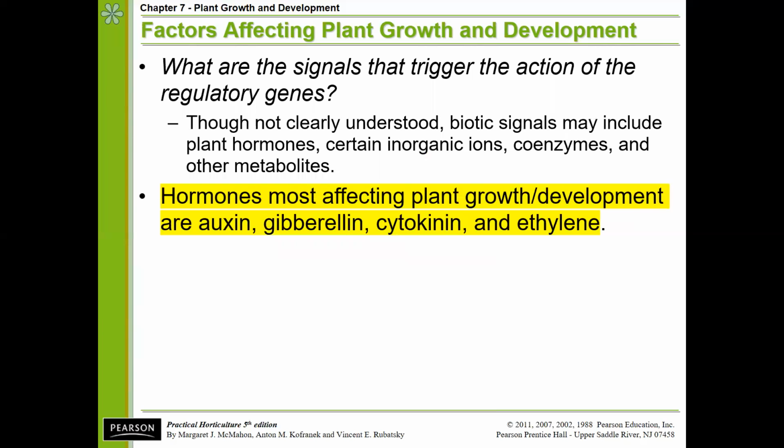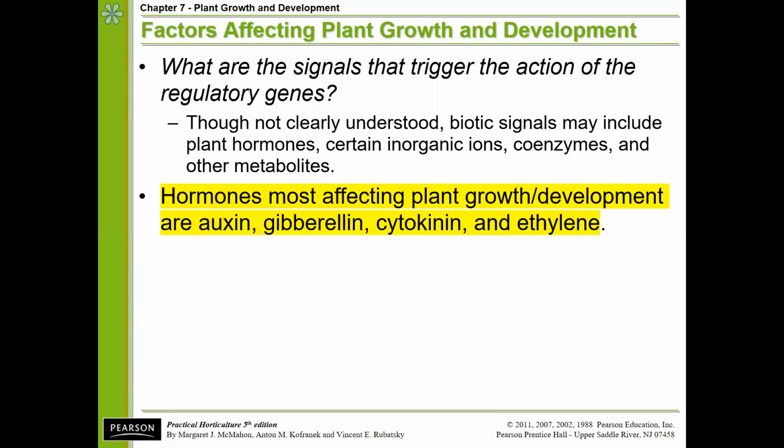Plants are the same, except we have different hormones. So where we have estrogen, testosterone, they have auxin, gibberellins, cytokinins, and ethylene. And there are other hormones out there, but these are the main hormones that affect plant growth and development.